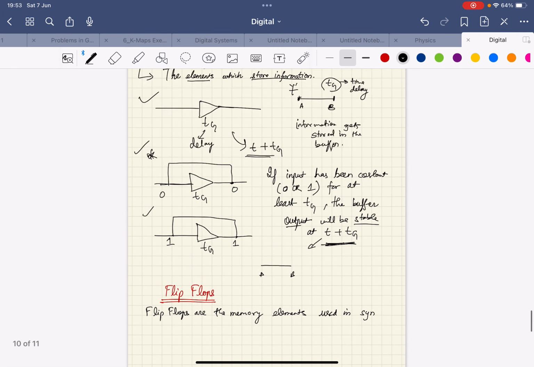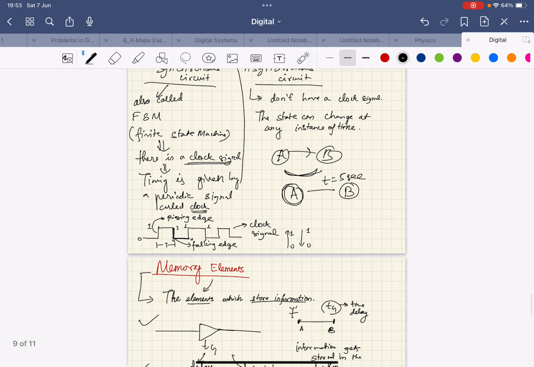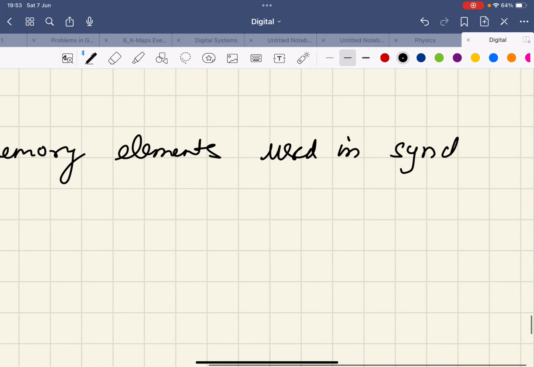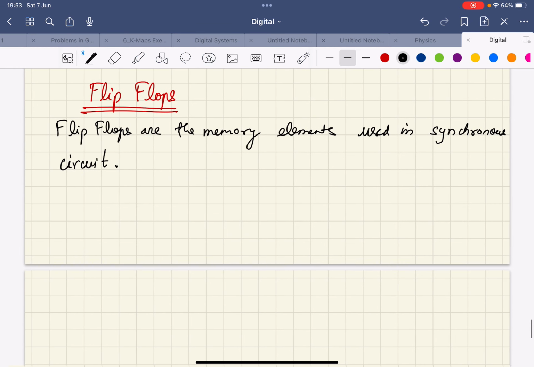The time concept will come when there is a clock. So it is synchronous, right? Synchronous circuit. Yes. Okay. Let me write the full sentence.